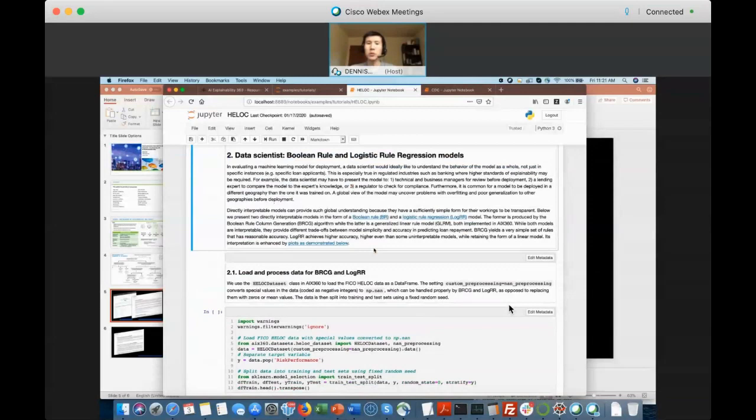They have to present this to their superiors. They want to confer with a domain expert, a lending expert, to compare notes, right? See how the model is making recommendations. Or they might have to present it to a regulator to check for compliance. Any number of reasons why you might want a global understanding.